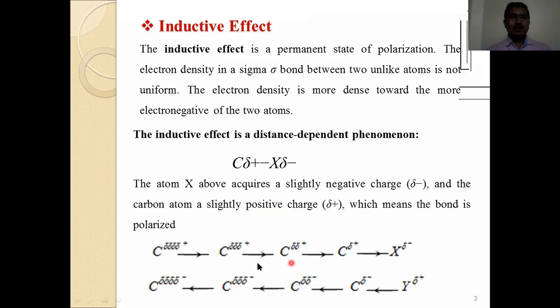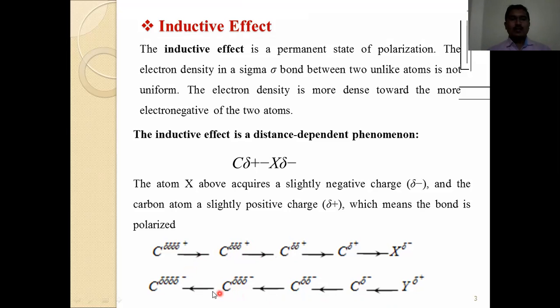Now we can see the carbon chain or alkane chain attached to the electronegative group. Here X means halogen. The halogen atom pulls the electrons towards itself, so more electron density is pulled from carbon first, then second, then third, and then fourth.